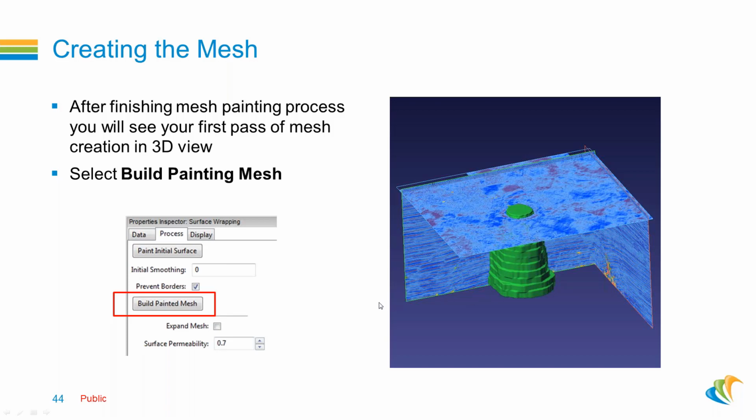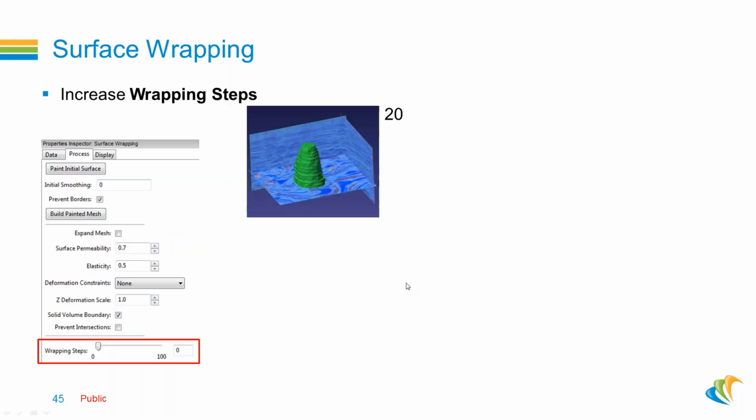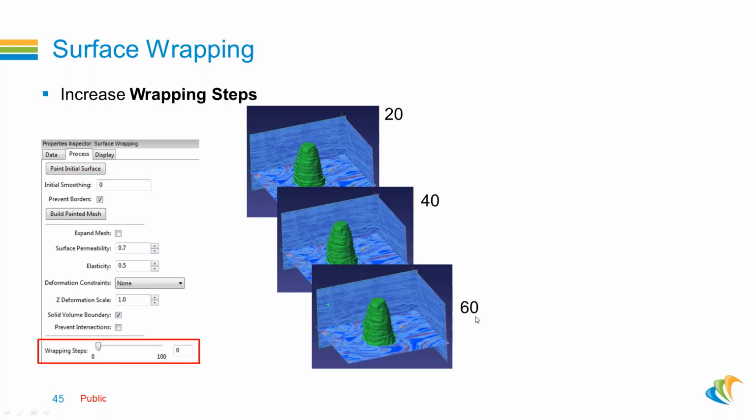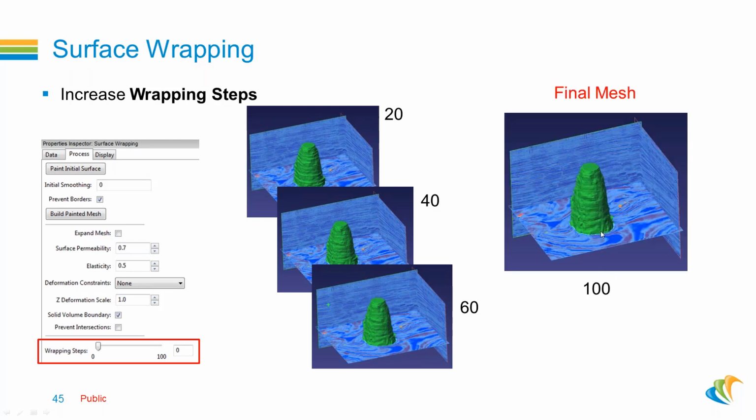And when you click on Build Paint Mesh, it will do the same process to create that. But in this case, we have another very useful tool, which is playing with the wrapping steps. As you can see here, applying 20, 40, 60, and finally 100.